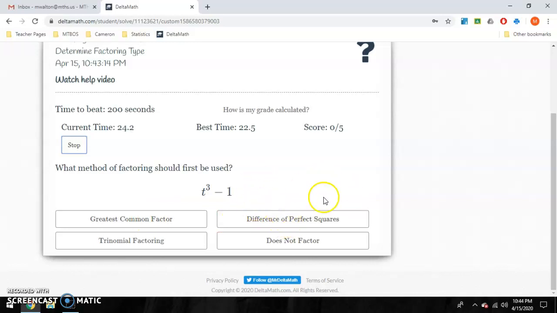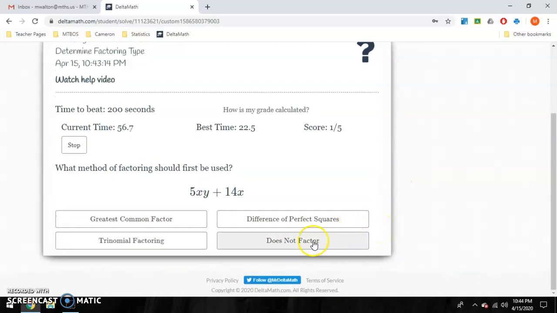Can I break this up perfectly? Well, t to the third power, I can't really split that up perfectly in half. I can't really have t to the 1.5 and t to the 1.5. That's not going to work out for us. So we cannot do difference of perfect squares. Trinomial factoring, those are the ones like we've seen x squared plus 7x plus 12. Think about it, tri means that there are 3 terms. This one only has 2 terms. So the answer for this one is that it does not factor.